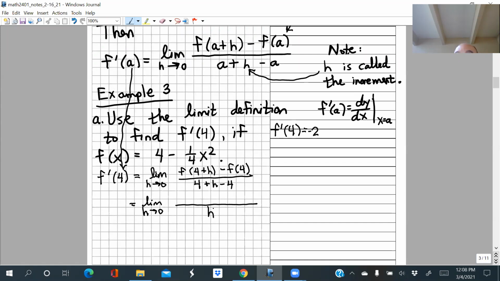So that's what you should expect to see when you're calculating these instantaneous rates of change using this process, but doing it on paper, not in decimals. This denominator is going to simplify to h. All right, now, f of 4, we also know. But if you can't remember it, you can find f of 4 just by plugging 4 into your formula.